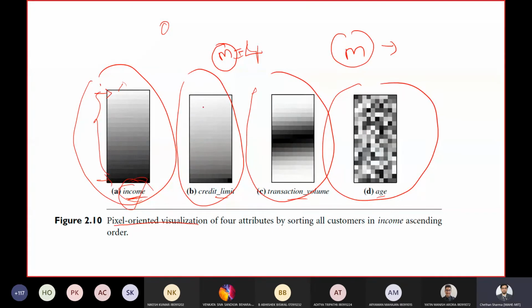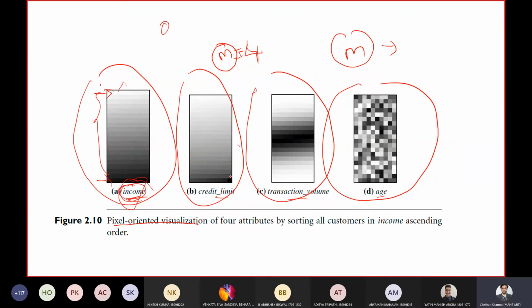I've already told you, the lighter the pixel color, the lesser the value. So based on this, can you infer anything? Is there any correlation between the attribute income and other dimensions?